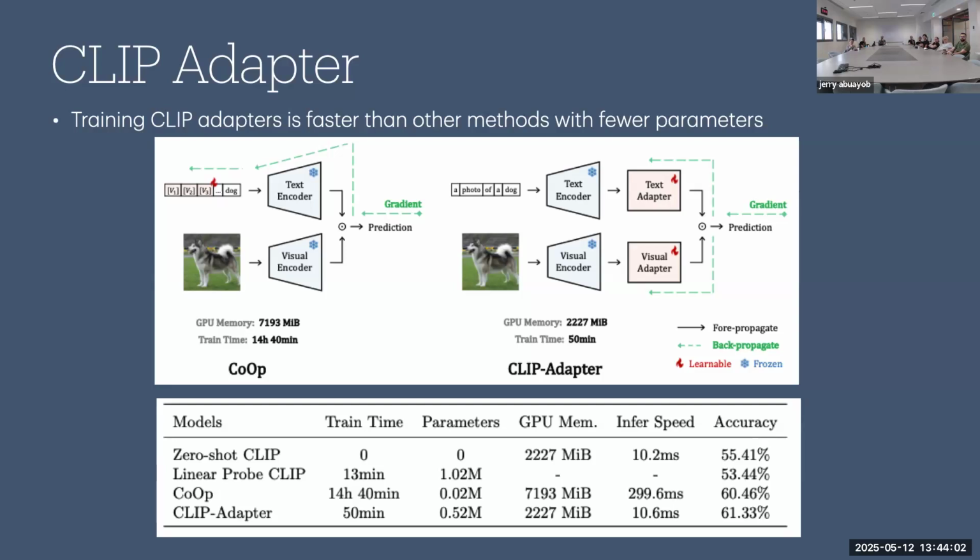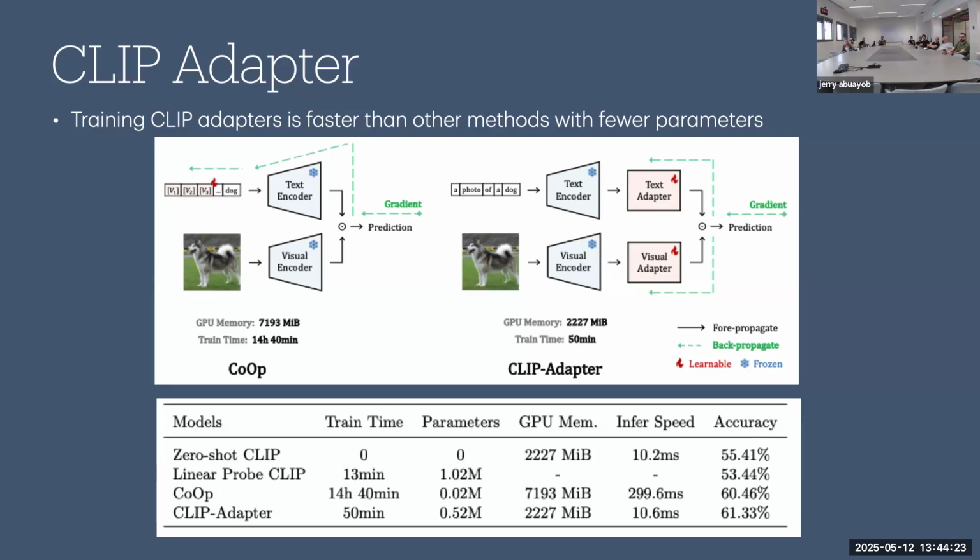If we look at the table below, zero-shot CLIP we can't really compare because there's no training. But the linear probe CLIP was trained in 13 minutes with about 1 million parameters. The GPU memory is about the same, and it's the same inference speed.